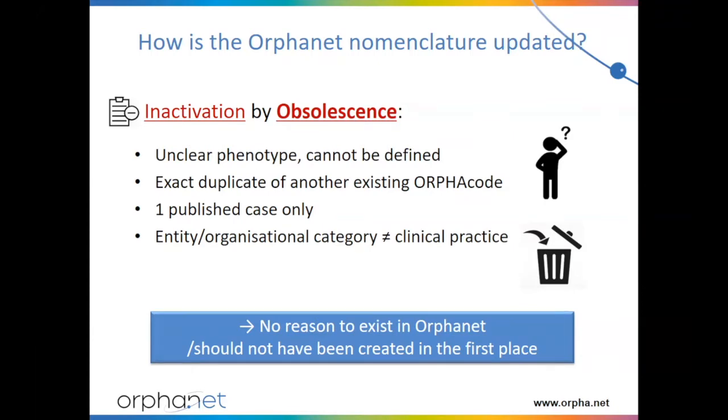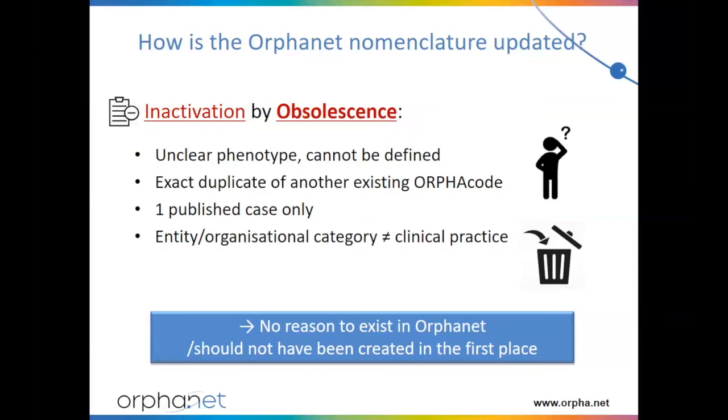The phenotype does not represent a real entity and cannot be clearly or independently defined, or it is an exact duplicate of another active ORPHAcode. We try to be careful, but this type of mistake has already happened in the past. Or the phenotype is only described in one case, which is possible because the two published cases rule has not always existed.